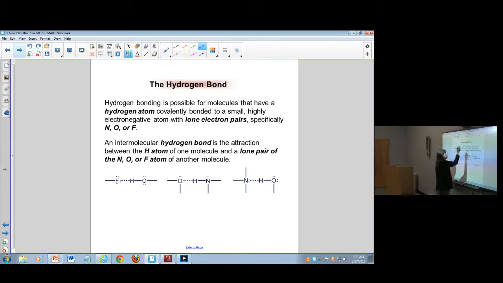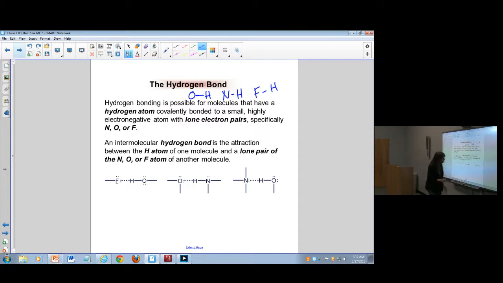These only happen when you have an OH bond, an NH bond, and an FH bond. In this case, we're talking about something that is actually bonded, between the oxygen and the hydrogen, between the nitrogen and the hydrogen, and between the fluorine and the hydrogen.